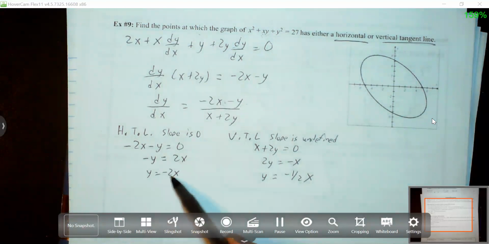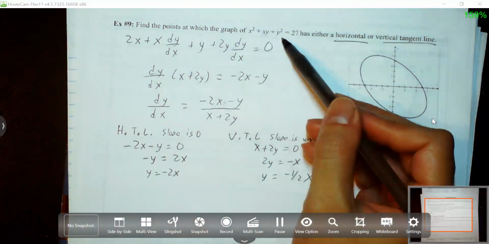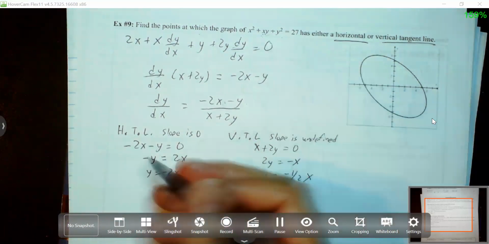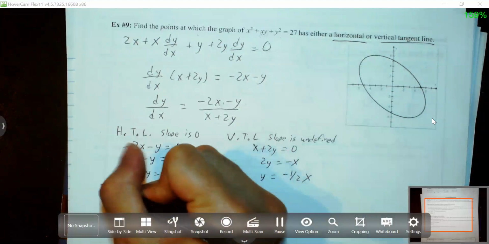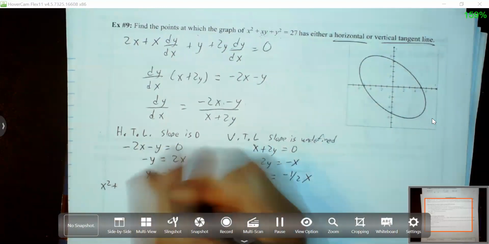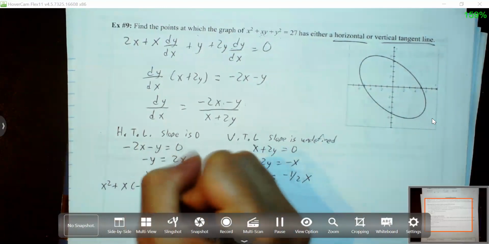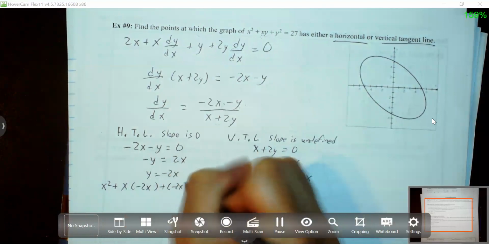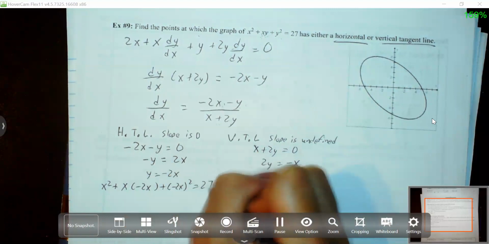So what I'm going to do is substitute negative 2x into y here, and I'm going to solve for x. So this is going to be x squared plus x times negative 2x plus negative 2x squared is equal to 27.